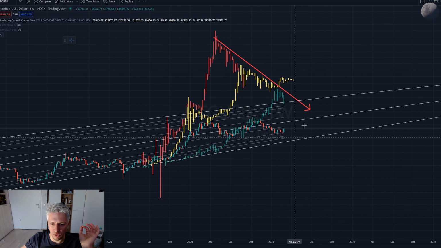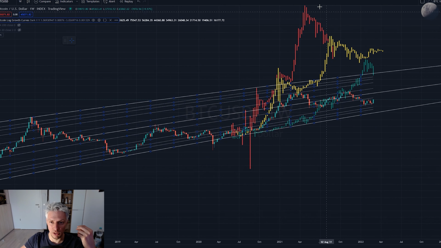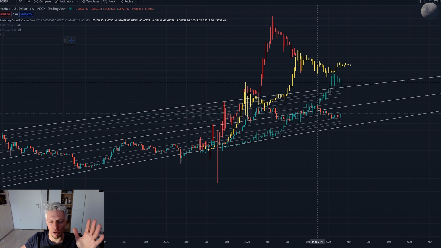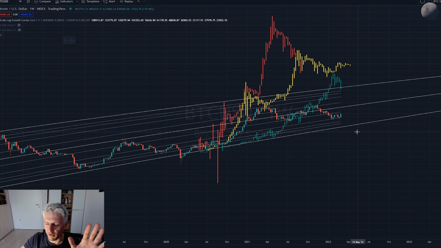So we can assume that the peak will be later this year. We calculated it in one of my previous videos: if the ratios continue like this, then we will see the top around December this year or January 2023.